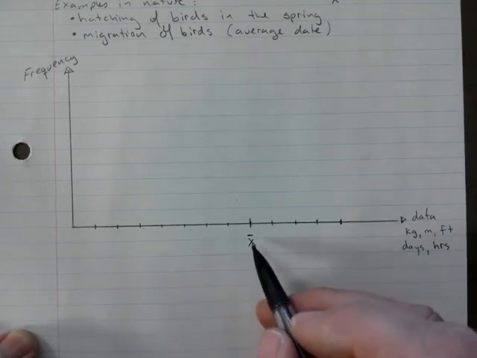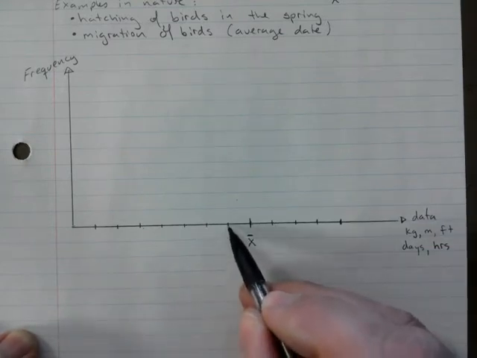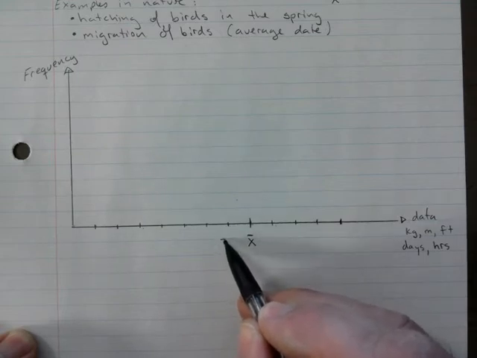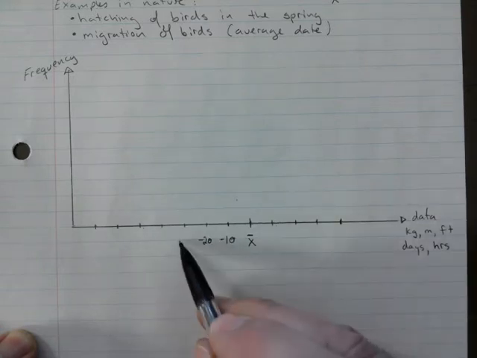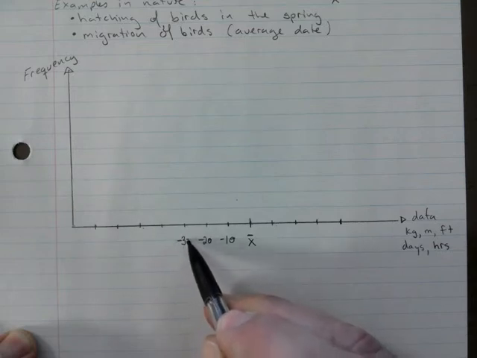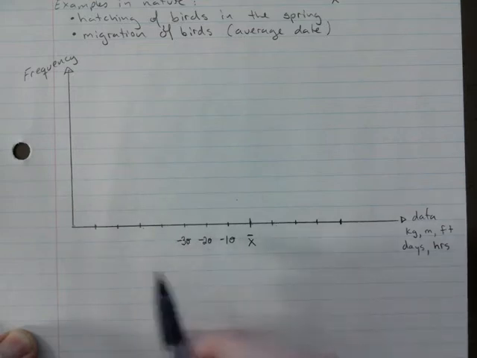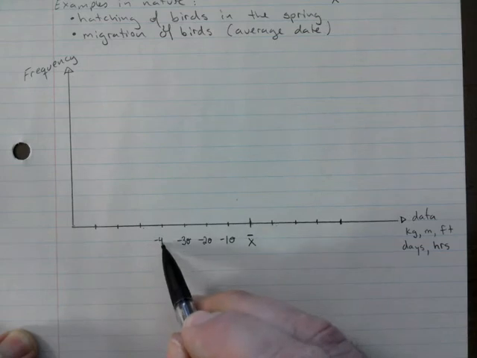And as we go to the left, we're going to say that this mark here represents minus 1 standard deviation. This is going to be minus 2 standard deviations, minus 3 standard deviations, and minus 4 standard deviations.